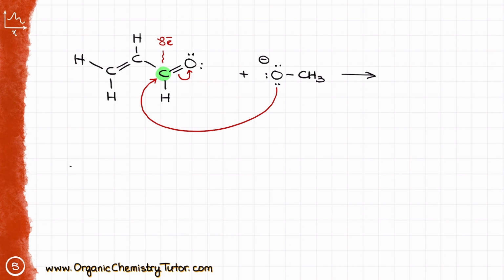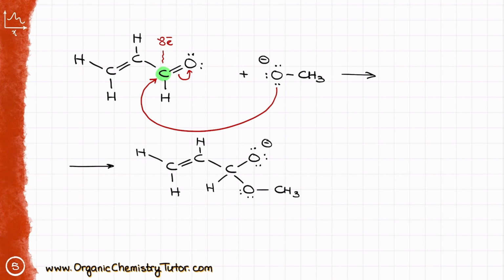So in this case, what I'm going to end up with is a molecule where I have an oxygen carbon making a new bond, so the electron pair that I took from the oxygen to share with the carbon, now that electron pair is making a bond between my oxygen and the carbon, and the pi electrons, let's highlight those in green, so these pi electrons are now an electron pair on my oxygen atom.